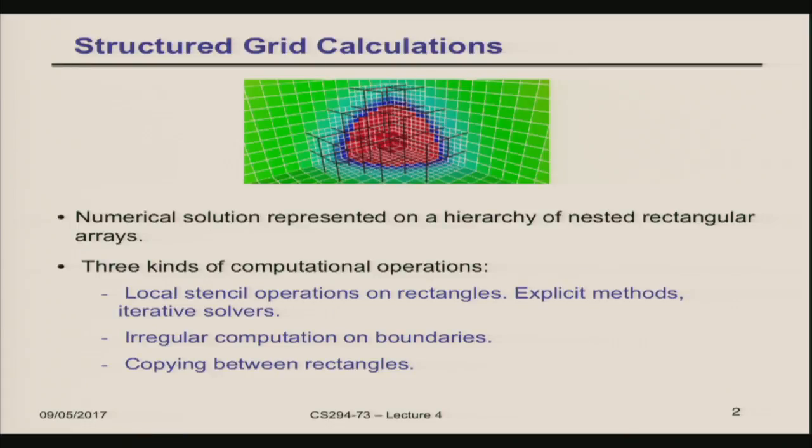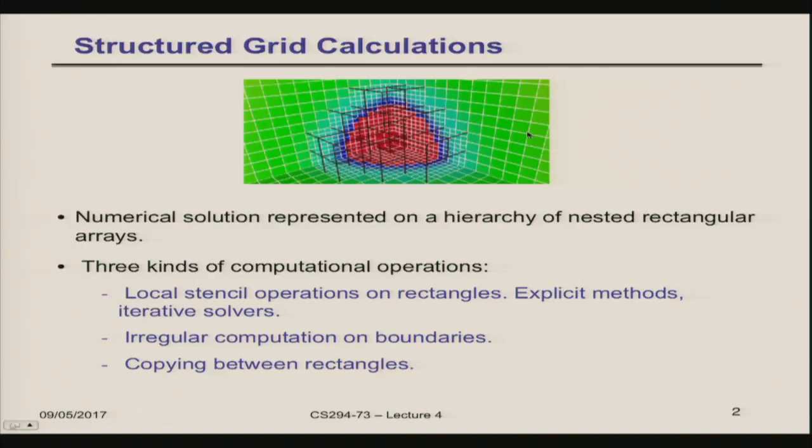So there's a picture right here of a nice structured grid. It's numerical solutions of PDEs or other spatial problems represented on a hierarchy of nested rectangular arrays. So here's the rectangular part of this, the white lines show you where grid lines are.